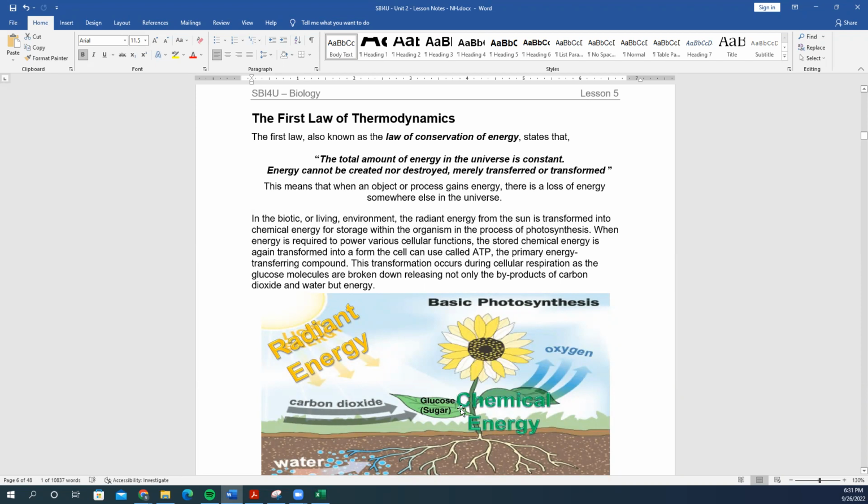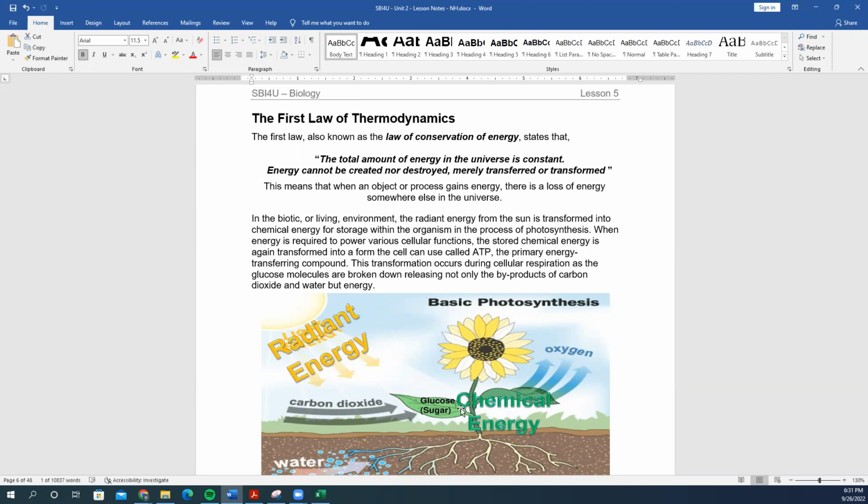And this usable form of energy for cells is a molecule called ATP, adenosine triphosphate. And this ATP molecule is the primary energy transferring compound. In science, we can refer to this molecule of ATP as the energy currency of the cell.